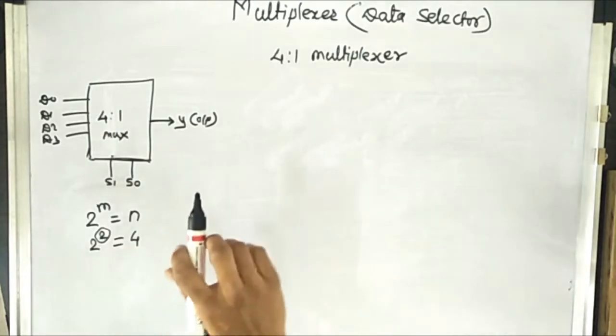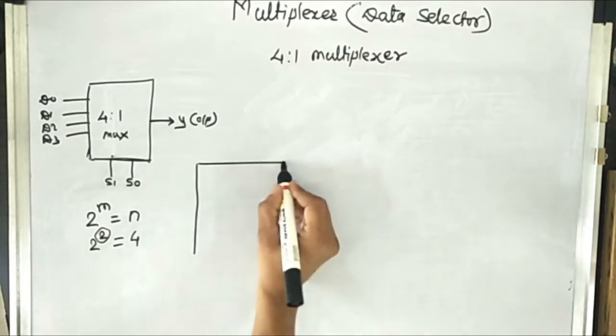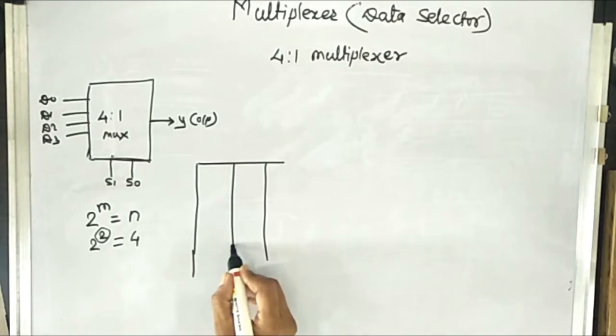Now we draw the truth table to know the operation of this 4:1 multiplexer.